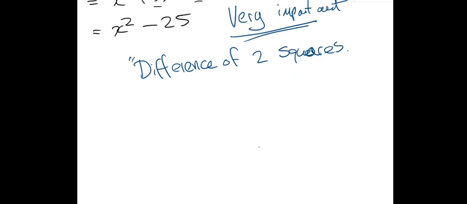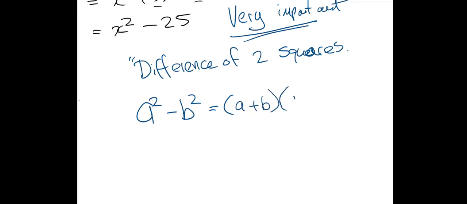If we have the difference of two squares, so say we have a squared minus b squared, we can always rewrite that as a plus b, a minus b. And if we look up here, x squared minus 25 is a squared.